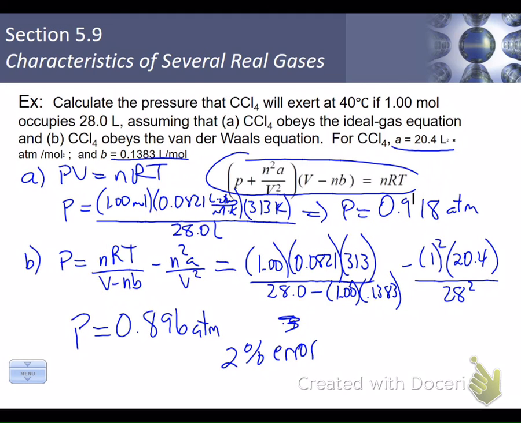Now, if you're doing a real industrial process where your operating conditions, your pressures and temperatures, have a very narrow margin and you can't get away with 2% error, then that's when you would use something like the van der Waals equation. And there are numerous gas laws other than van der Waals that make even more corrections for non-ideal behavior of real gases.